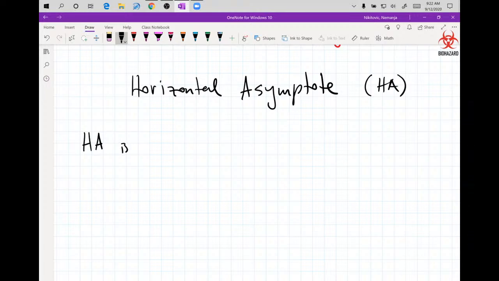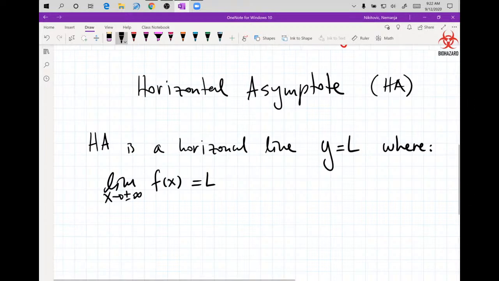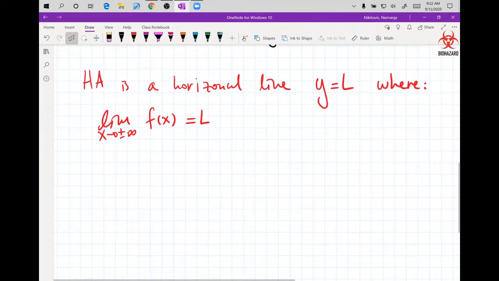So a horizontal asymptote is a horizontal line where the limit as x goes to plus or minus infinity of f of x equals L. Let's put this horizontal line y equals L, there we go, much better. All right, so now we know what the horizontal asymptote is.